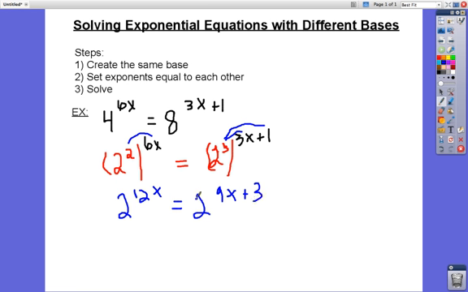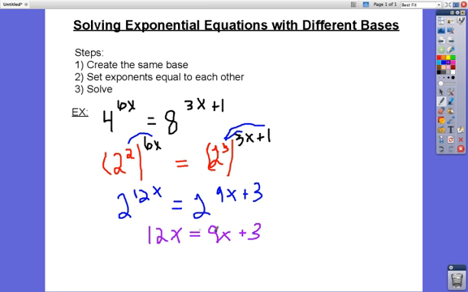Okay, so now that our bases are the same, they're both 2's, we can now go ahead and set the exponents equal to each other. So we take 12x and set it equal to 9x plus 3. Okay, and then we can go ahead and solve this.